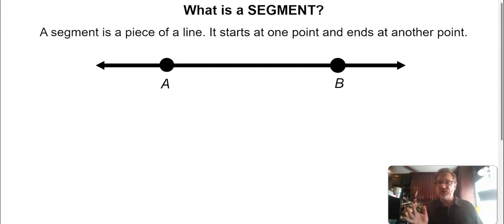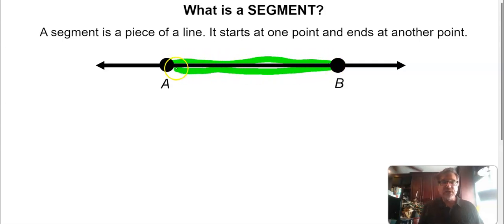So what is a segment? First thing I want to know is what is a segment? A segment is just a piece of a line. Lines go on forever. A segment is a piece of a line. A segment starts at A and ends at B. See how it starts and ends?